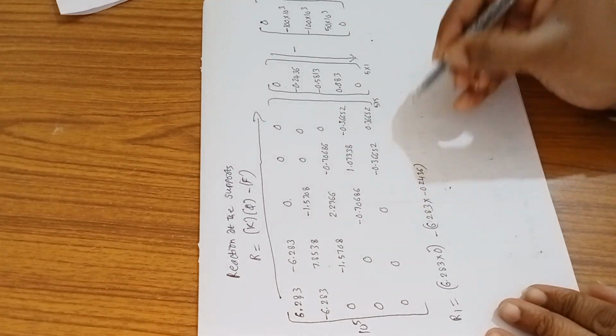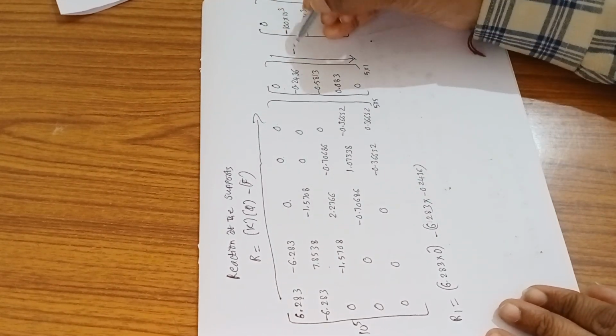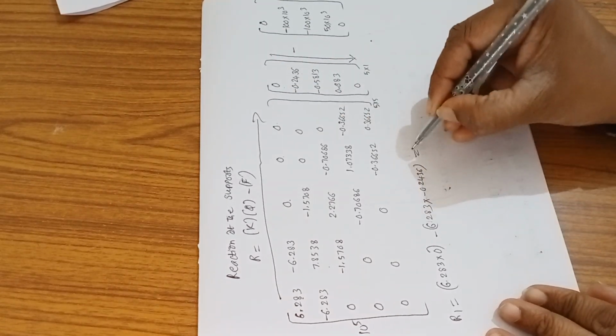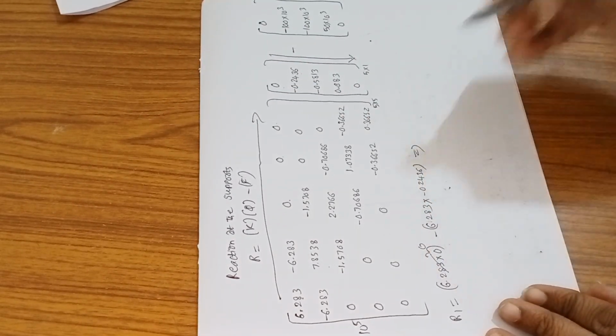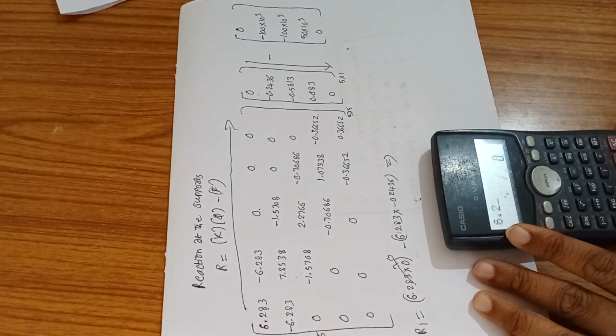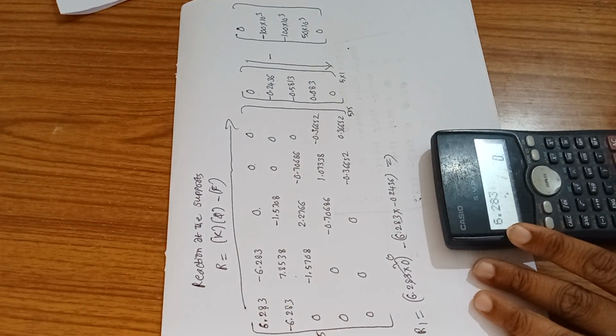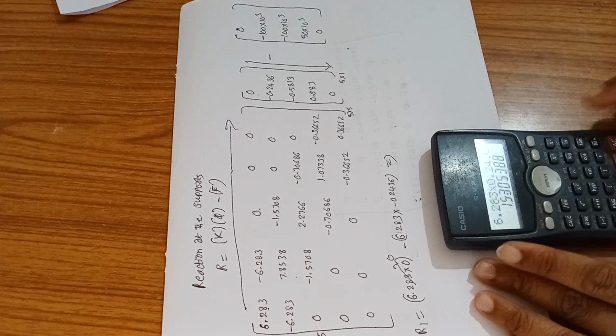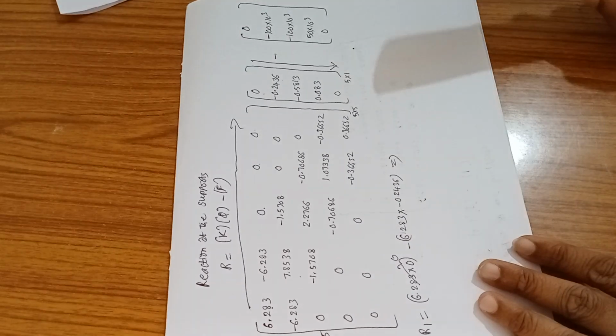Minus into minus I'll get plus. So 6.283 multiplied by 0.2436. The answer is going to be 1.5305.